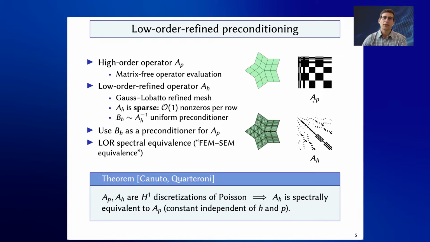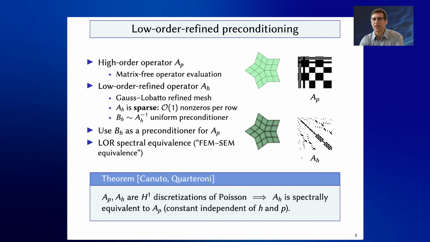It's too expensive. So what you can do is take this coarse higher order mesh and subdivide it into smaller elements, but these elements are lowest order elements. Then you can assemble the matrix on this low order refined mesh, and you get a matrix with a sparsity pattern that looks like AH.